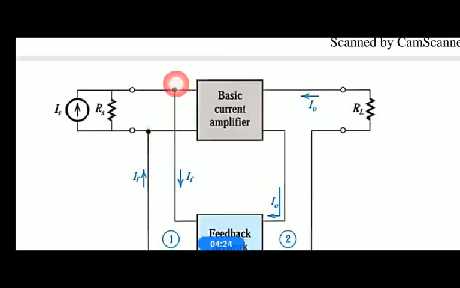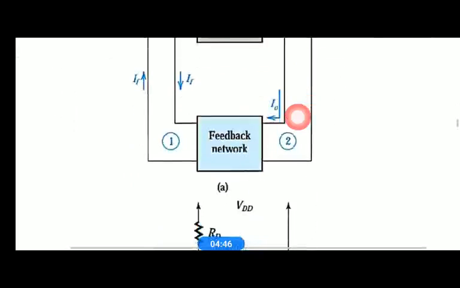So since it is a shunt connection here, the input resistance of the basic current amplifier is reduced, and the output resistance of the amplifier is increased. We can prove this with the help of derivation in later sections.